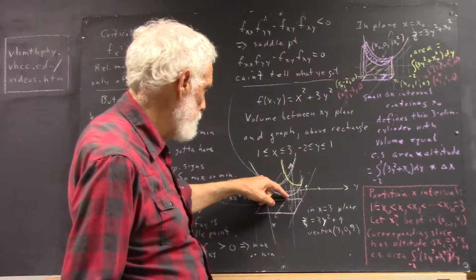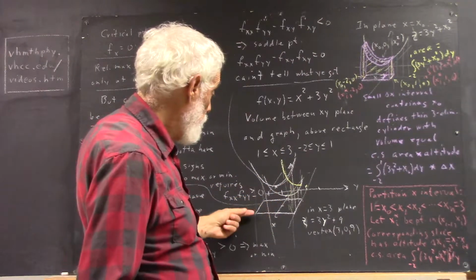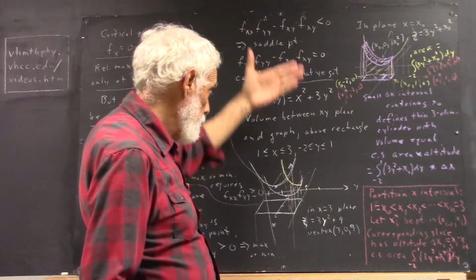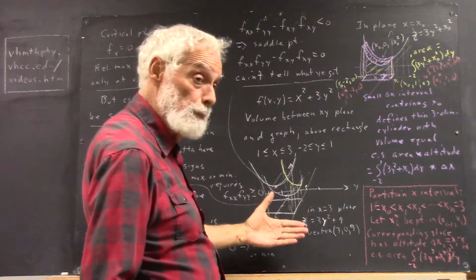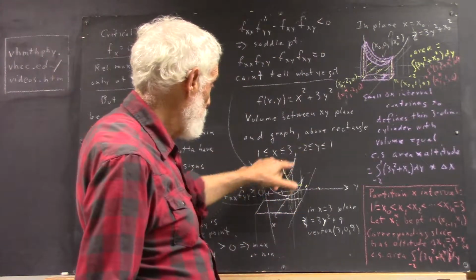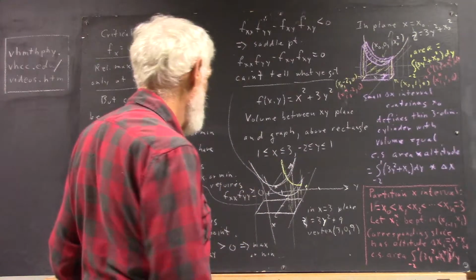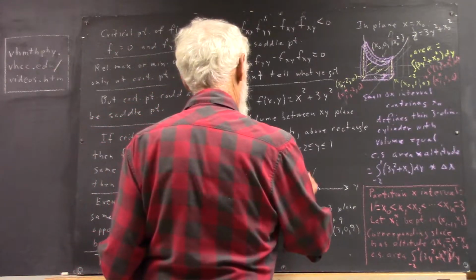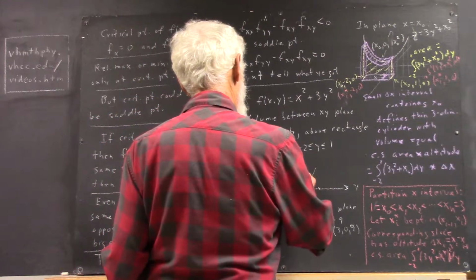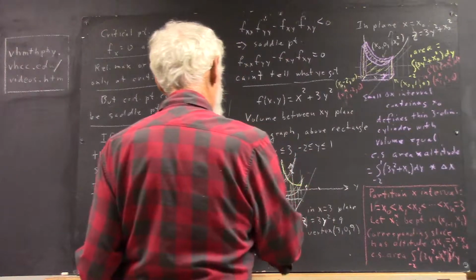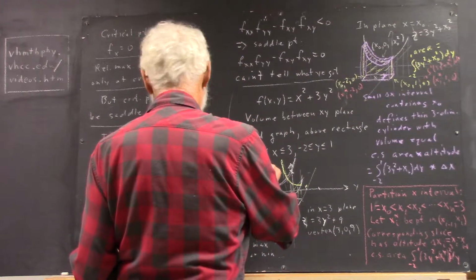Here's your origin, x equals 1, 2, 3. The x equals 3 line, and we take the plane parallel to the xz plane, well, we have a parabola in that plane. So there's a point on the parabola that's directly above here.